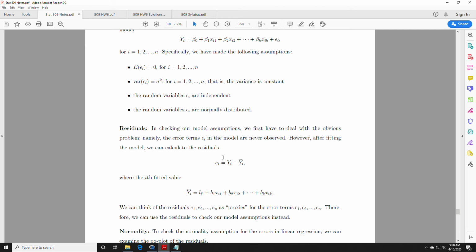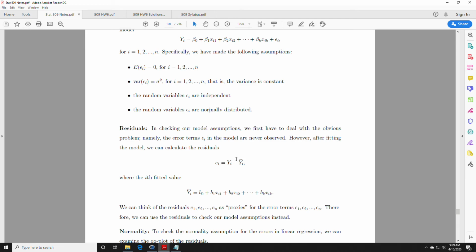What we can do is we can see if these are normally distributed. For each observation, we can take what we observed for that observation minus what our model predicts for that observation. For that observation, plug all of its x's into our model, and it'll spit out a y for us, a y hat.